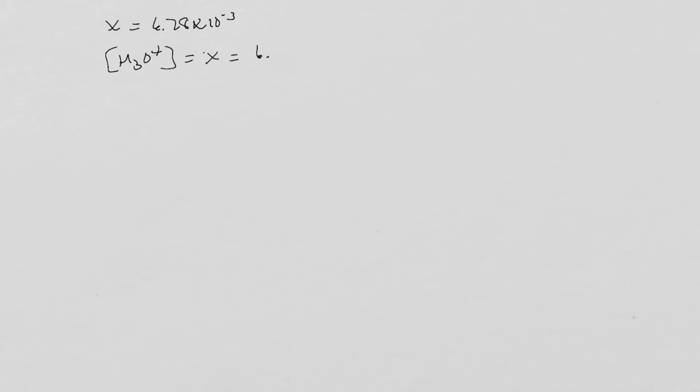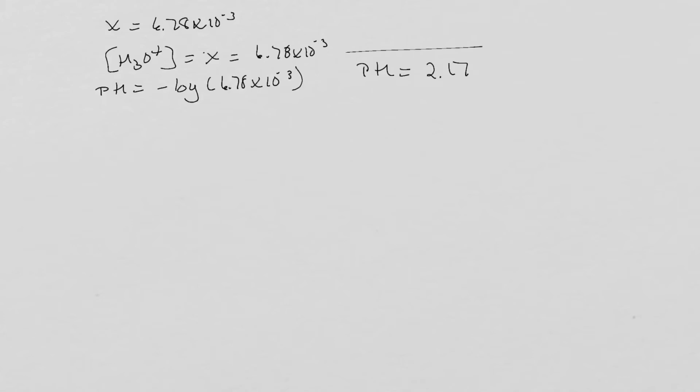So it's equal to 6.78 times 10 to the negative third. And the pH will be equal to the negative log of 6.78 times 10 to the minus third. And so the pH will equal 2.17 initially. Okay, so that's the initial pH.